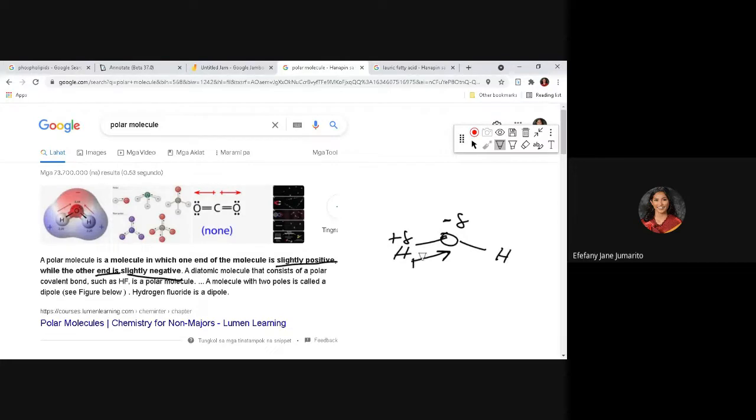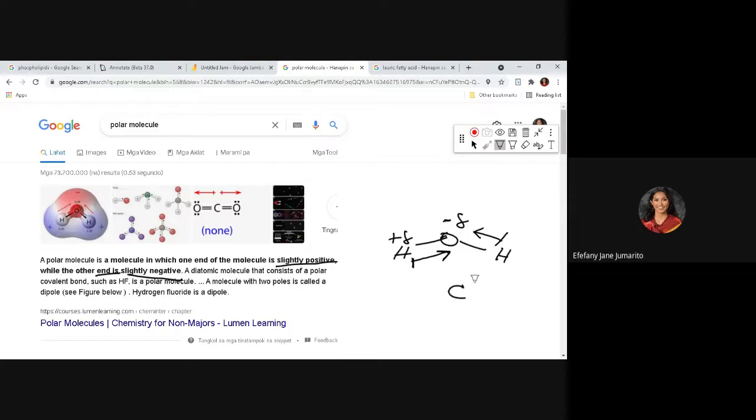That's why we have an arrow to the oxygen, because oxygen is more electronegative than our hydrogen. So if we have a slightly positive and a slightly negative part in your molecule, we can say that it is polar. So we have that oxygen.